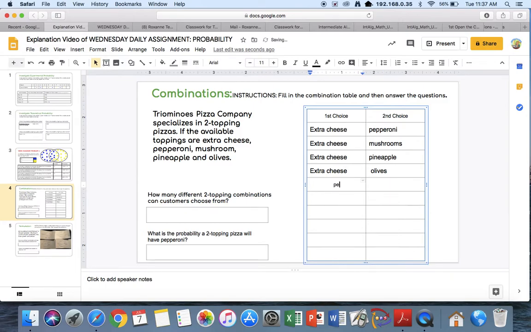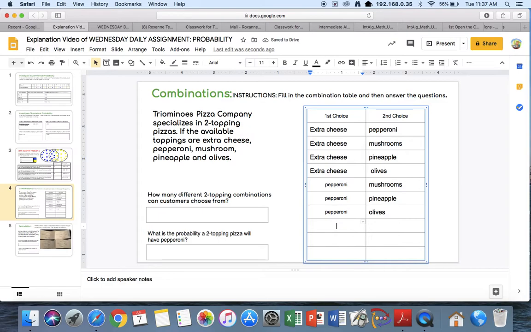If we have pepperoni, okay, or we could have pepperoni and we could have mushrooms on it. Okay, we could have pepperoni and we could have pineapple, or we could have pepperoni and we could have olives.